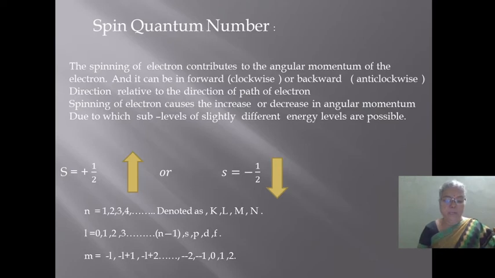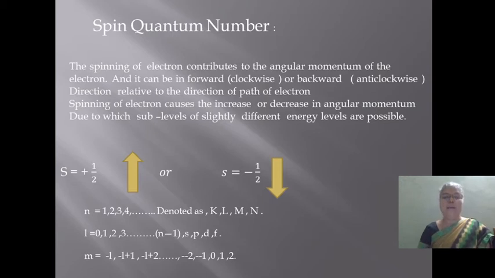Then the wave function of an electron corresponding to a fixed value of n, l, m is called an atomic orbital. The orbitals with L equal to 0, 1, 2, 3 are generally specified by the letters S, P, D, F respectively, and the numerical value of n is placed before the letter for L. For example, if n equal to 1 and L equal to 0, the orbital is called 1s orbital.